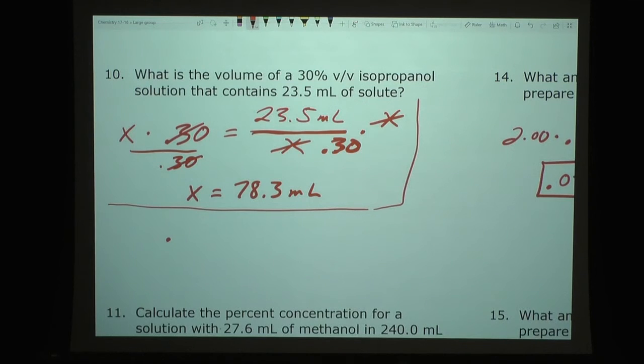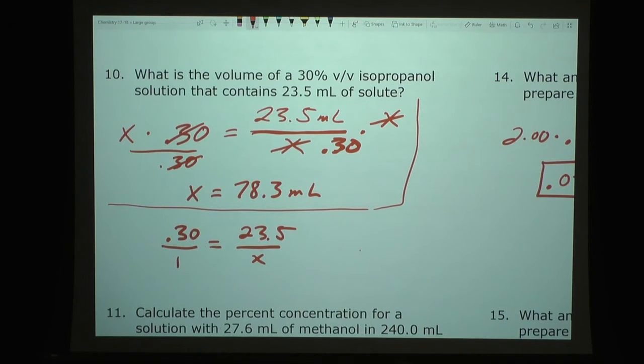I can also set it up like this, as a proportion. How do I solve for x now? Cross multiply and divide. 23.5 divided by 0.30.